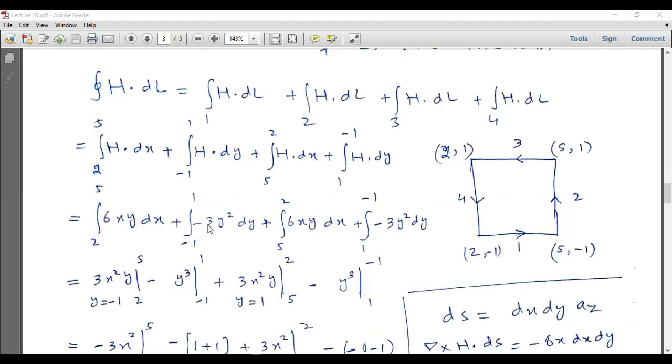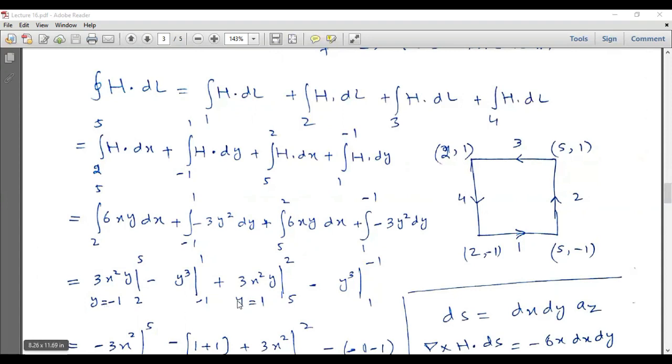So this integration will be equal to 3x square y from 2 to 5 minus y cube from -1 to 1, plus 3x square y from 5 to 2 minus y cube from 1 to -1. For the first path, y is constant and equal to -1, and for the third path y is constant and equal to +1.